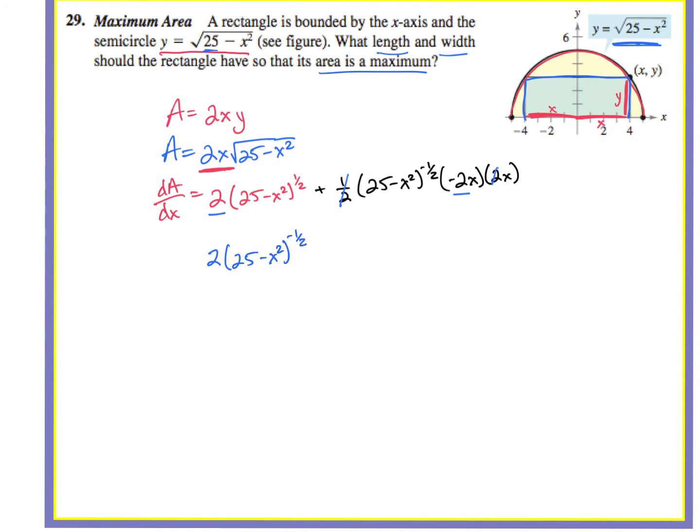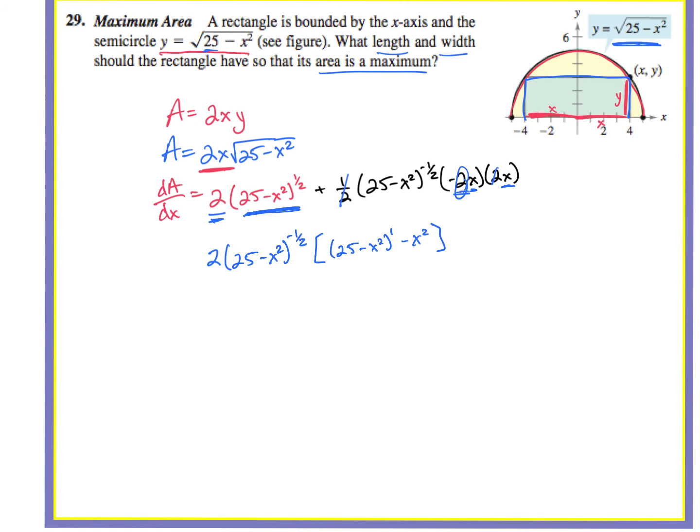What we're left with is, from the 1/2 power, we factor out a negative 1/2 power, so we're just left with 25 minus x squared to the power of 1. That's the whole reason behind why we do it. And then I have a negative 2x times x. Actually, I already factored out the negative 2, so I just have x times x, so we end up having a minus x squared.